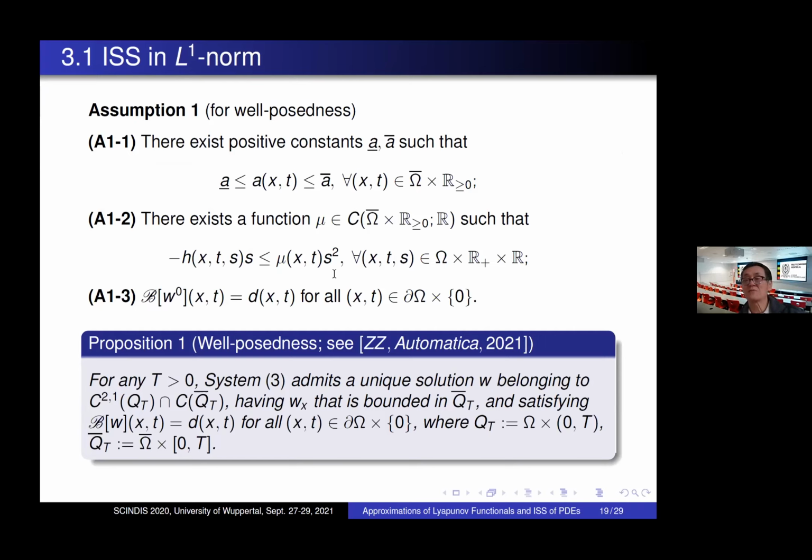This is an assumption about the nonlinearity, and this is the boundary and the initial value of the disturbance. By using these assumptions, we can prove that the considered problem is well-posed in the sense that it admits a unique classical solution. Okay, this is the first set of properties.